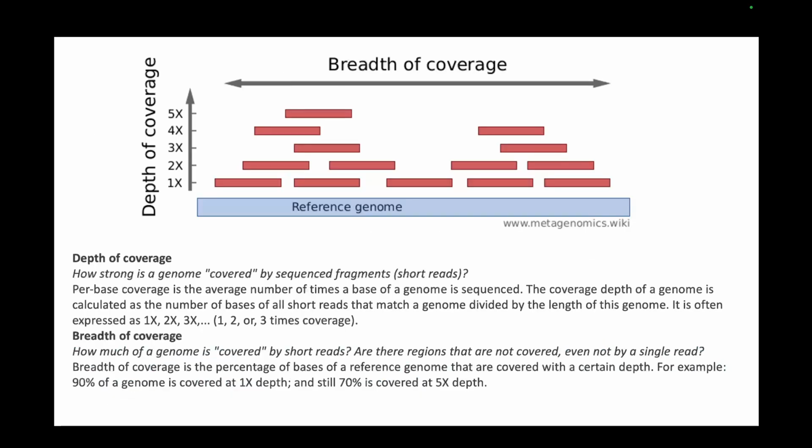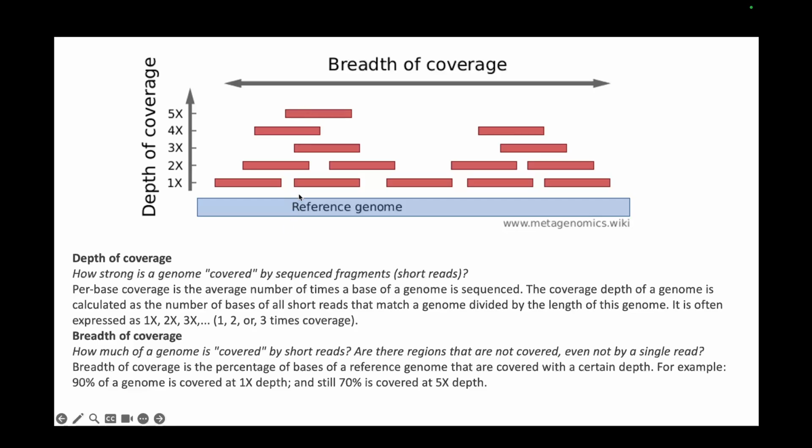This is a pictorial representation of what depth and breadth of coverage mean. Depth of coverage is how many times a particular base has been sequenced. For example, this position here has one, two, three, four, five reads supporting that particular base.